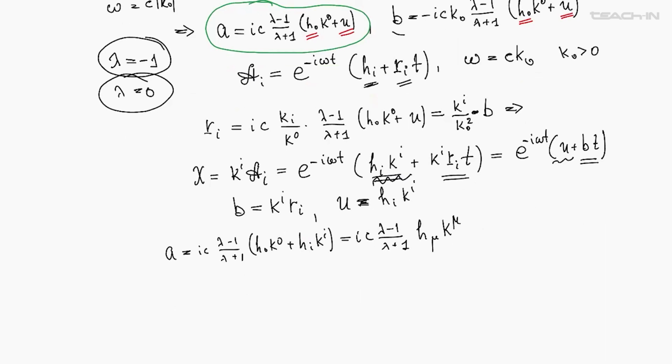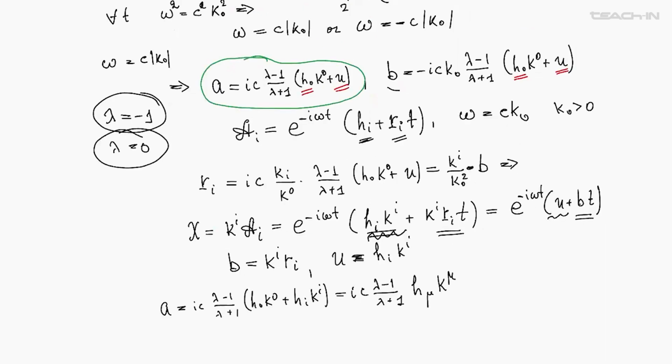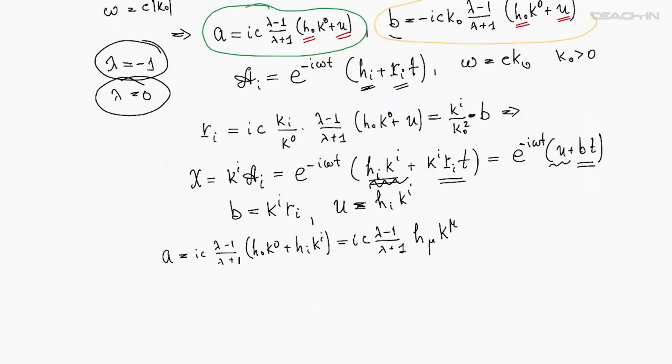Let's make it yellow. Also, if I substitute here u, then it becomes equal to B, which is -ic k0 multiplied by (λ-1)/(λ+1) h_μ k^μ.